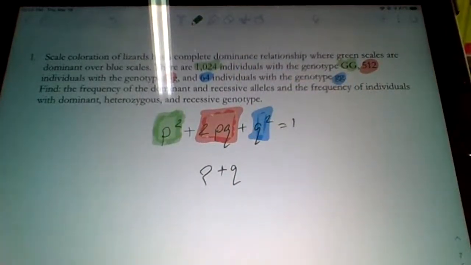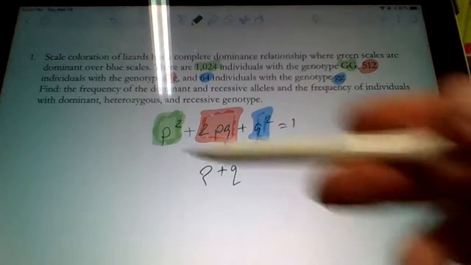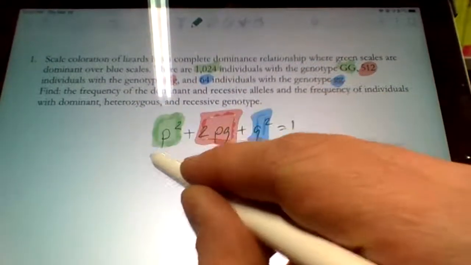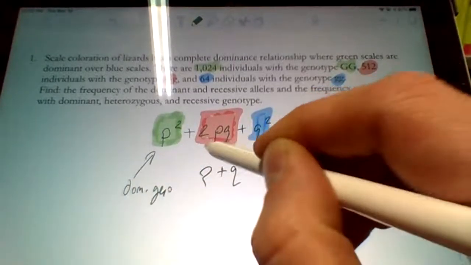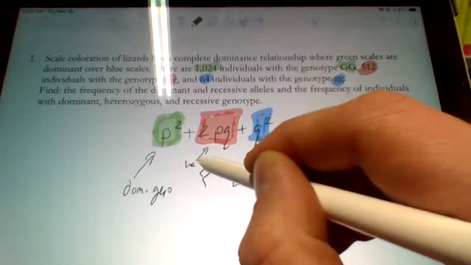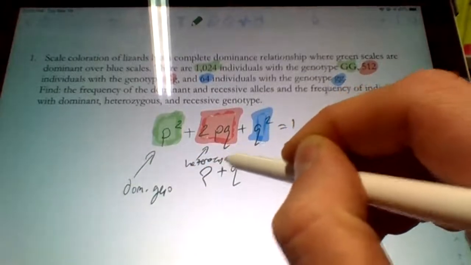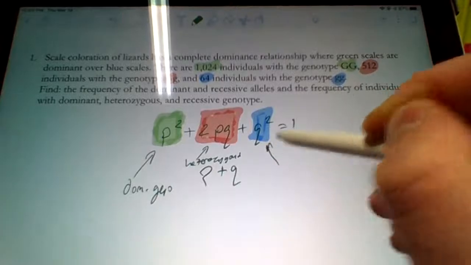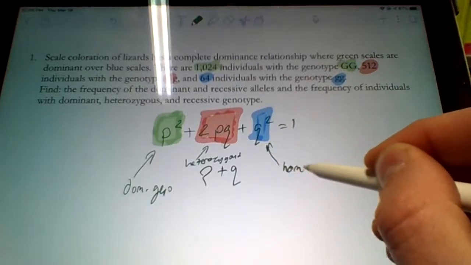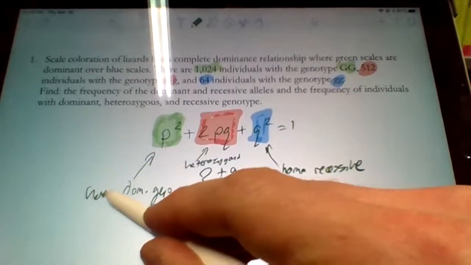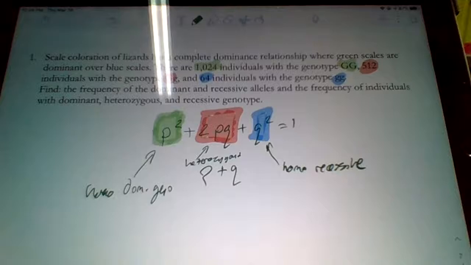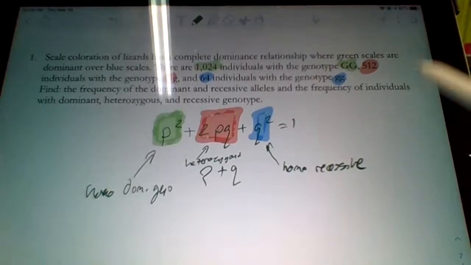So we want to find the frequency of the dominant and recessive alleles and the frequency of the individuals with dominant, heterozygous and recessive genotypes. So this is our dominant genotype, this is our heterozygote, and this is our homozygous recessive.